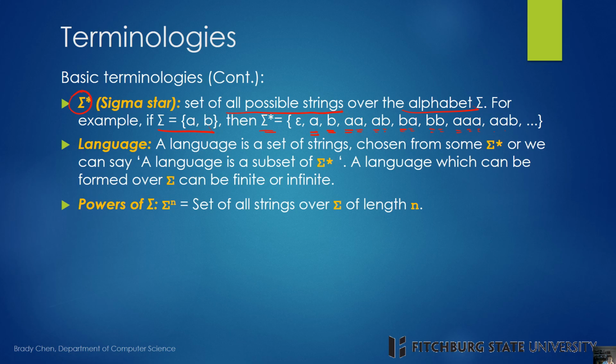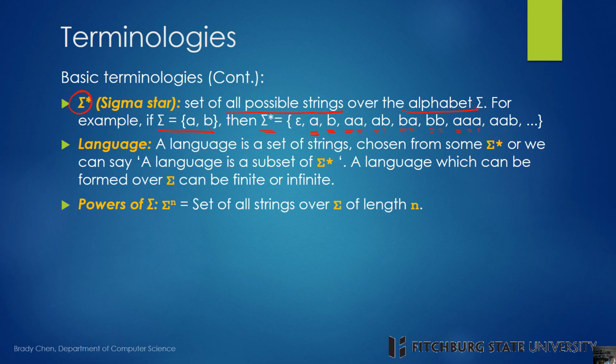Okay. So even though the alphabet sigma is a finite set, sigma star is an infinite set, because you can continue to build as many symbols as you want. So the string could be of any size.